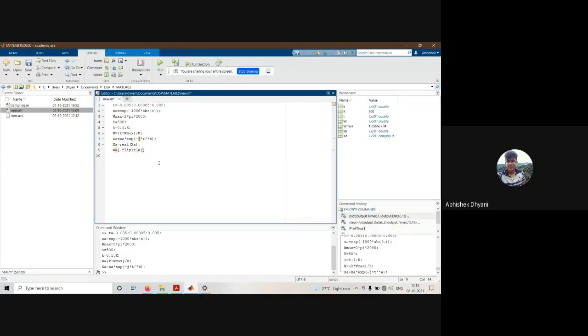And then I will add to this the remaining frequencies. But since 0 is already covered here, I'll start from the second position up till the end. The end is 501 because there are 501 elements in omega. So that way I have converted the frequency from minus omega max to omega max, whichever way you like to call it.